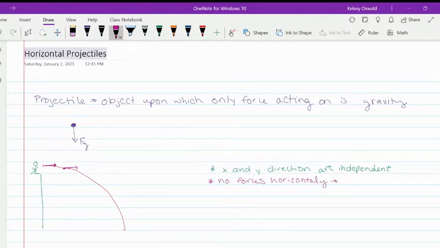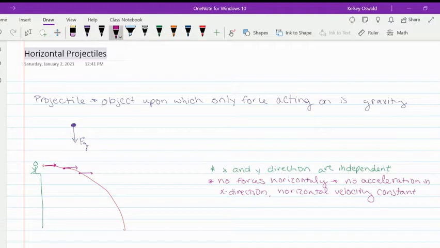So that means we're not going to have any acceleration in the x direction. So horizontally, we're going to have a constant velocity. Okay. So no matter where we are in our ball's motion, we're always going to have that same horizontal velocity.